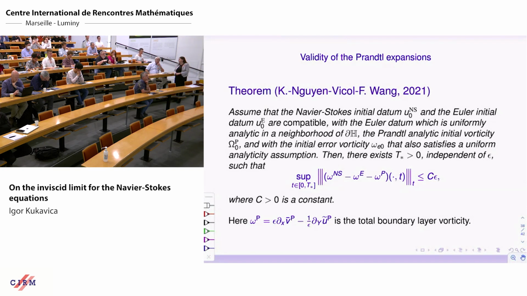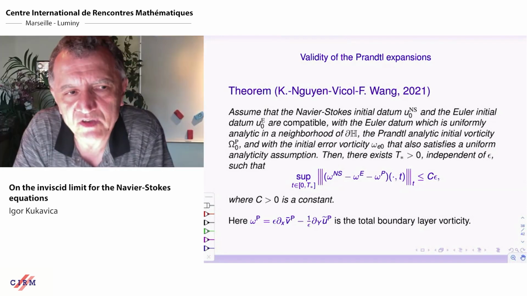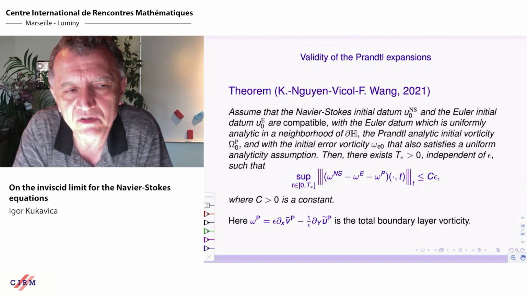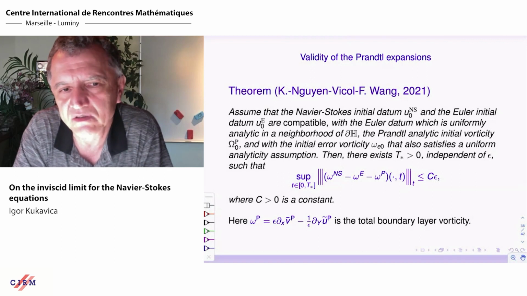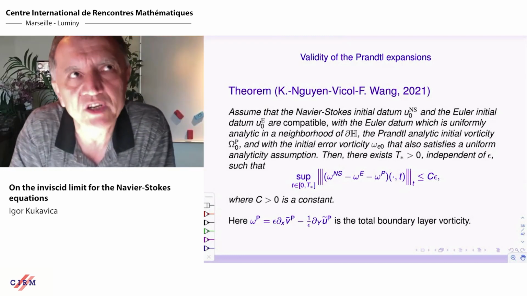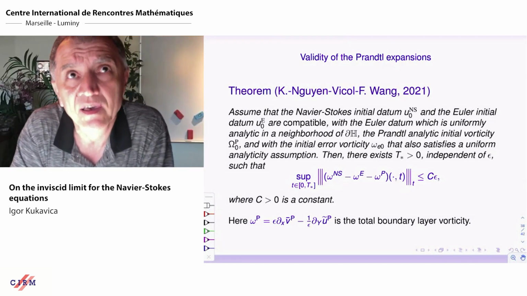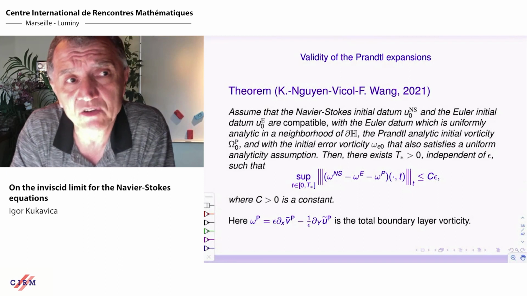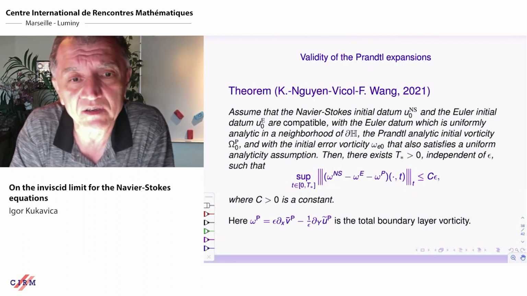Yes, I was commenting on the smooth solution. So assuming that the Euler solution is smooth, do we expect the inviscid limit to hold? Exactly. If the Euler solution is rough, then I don't think so. And you don't expect physically the Euler solution to be smooth in the limit. But assuming that the Euler solution is smooth on the full interval, one would not expect the inviscid limit either.